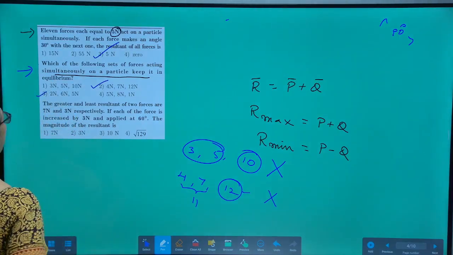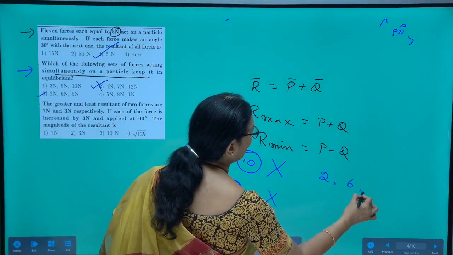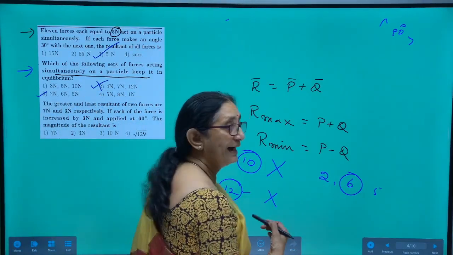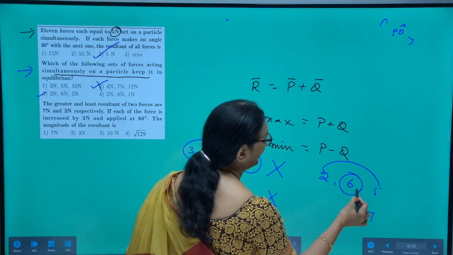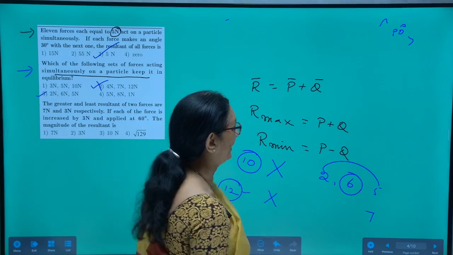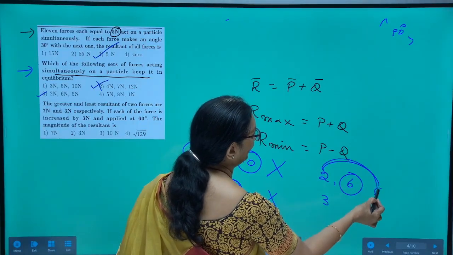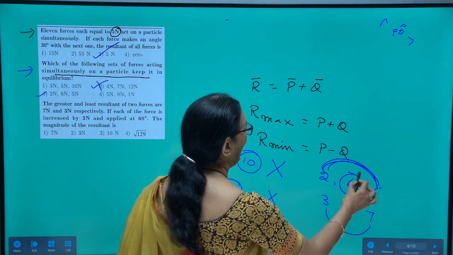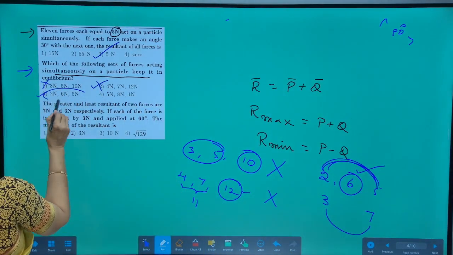Now, let us go to the third option, 2, 6 and 5. Let us pick the highest one, 6, and check whether that can be the equilibrant. The sum of these two is 7, and 6 is obviously less than the sum, so it can be the equilibrant, and the difference is 5 minus 2, that is 3. So, the equilibrant of these two can have a magnitude lying between 3 and 7, and as this is 6, this set can keep the point in equilibrium.